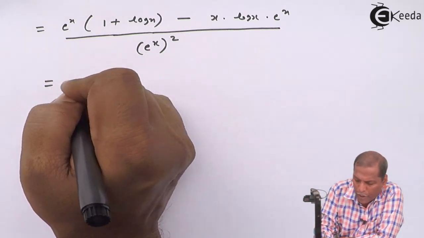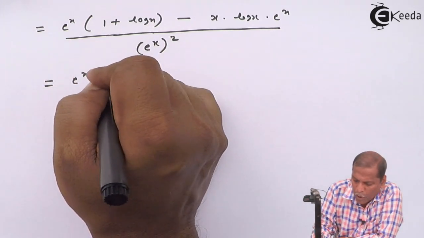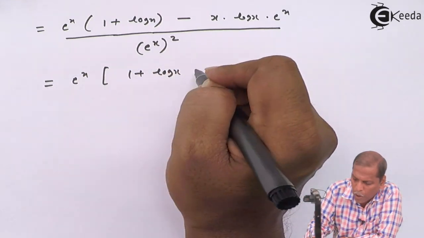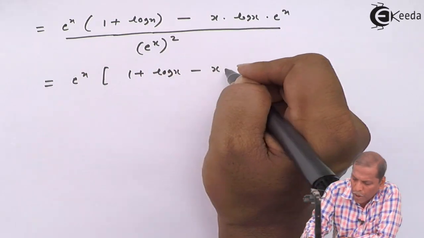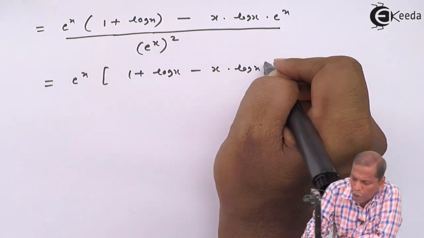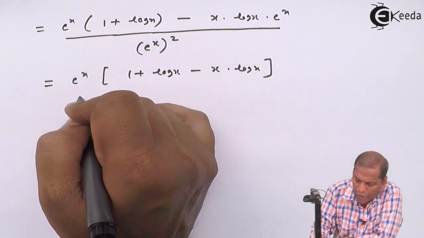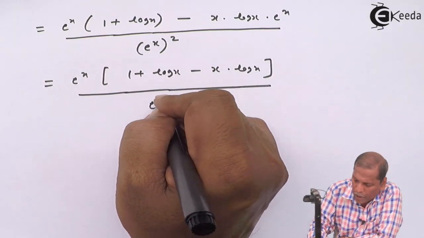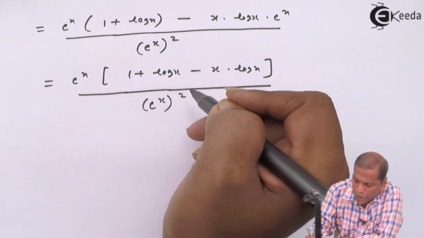Now from numerator we take e raised x common, so in bracket we have 1 plus log x minus x into log x bracket complete, and then whole thing divided by e raised x the whole square.